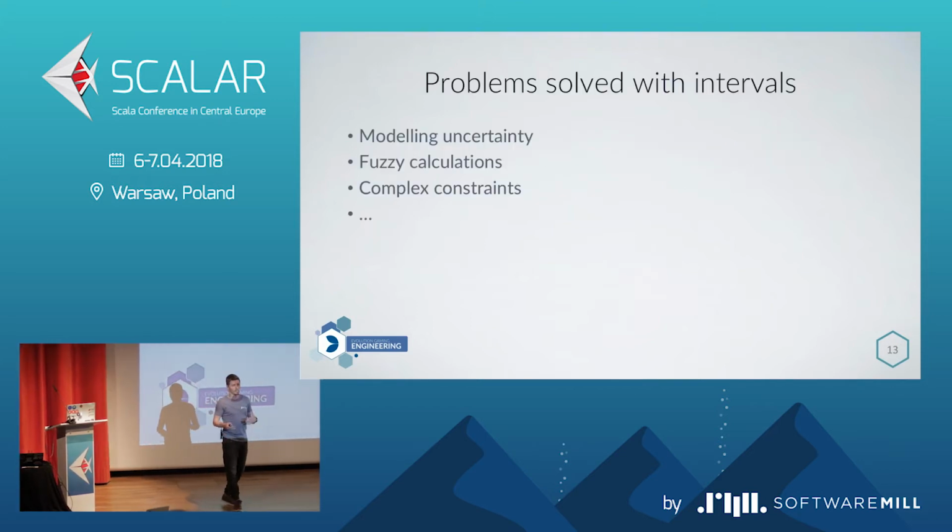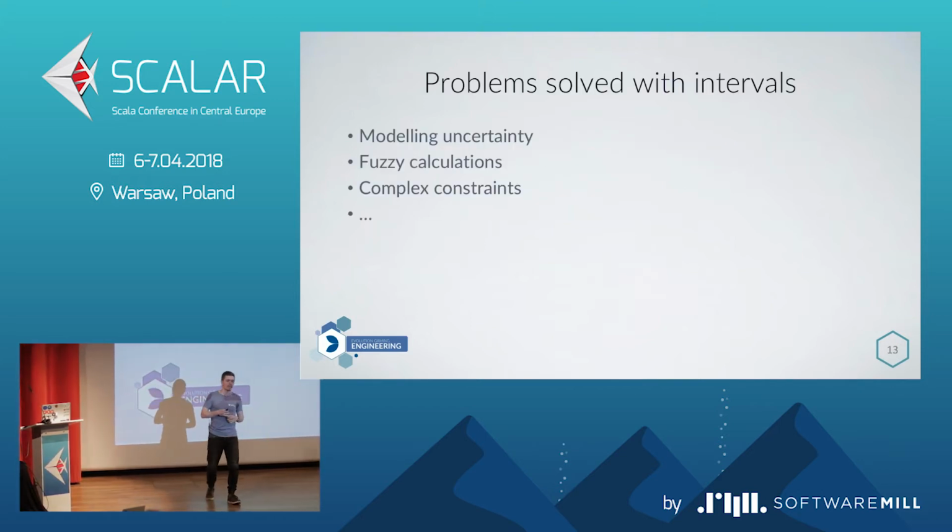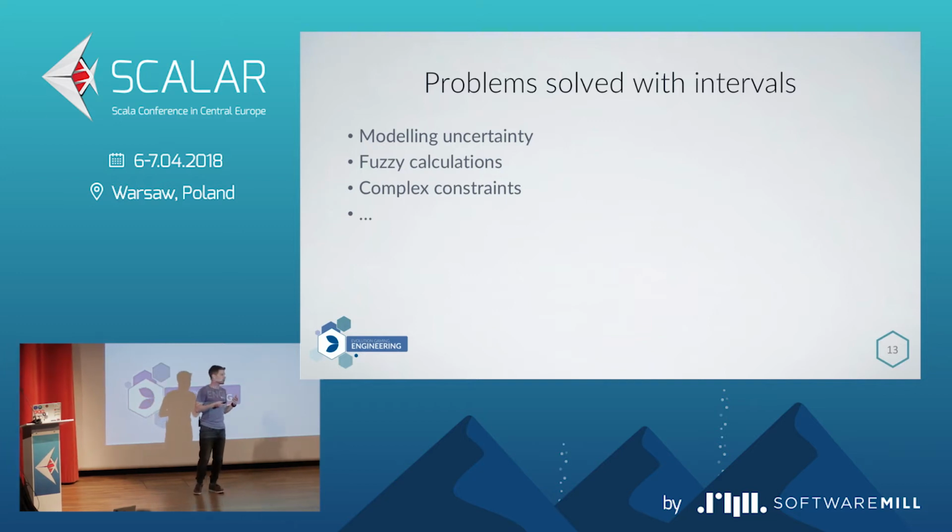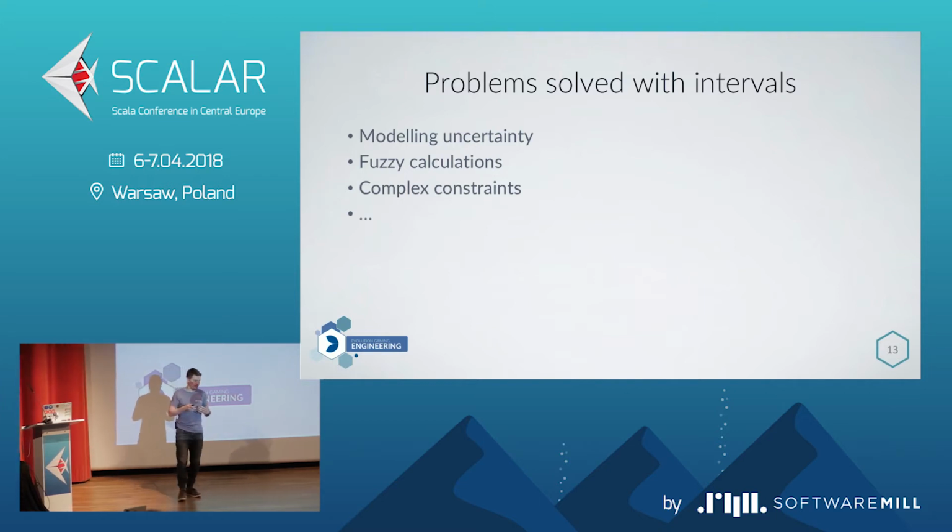The main application of intervals is modeling uncertainty. We are functional programmers, and we know one data structure that models uncertainty, which is List, right? Instead of 1 value, you get possibly several values. This is one way of modeling uncertainty. Intervals are different in the sense that they model continuous uncertainty.